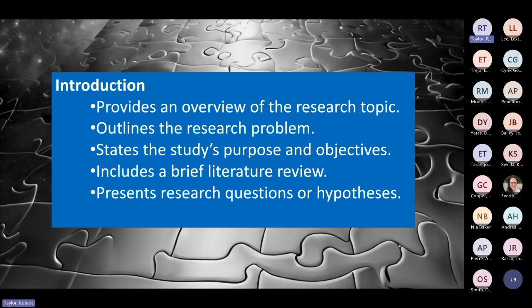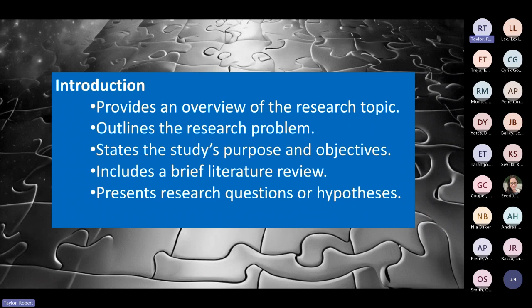So if we look a little bit closer at these sections for undergrads and students who are just starting out reading the primary literature, each one of these sections plays a major part in how they can use these sections to read more purposefully and gain more information quickly.